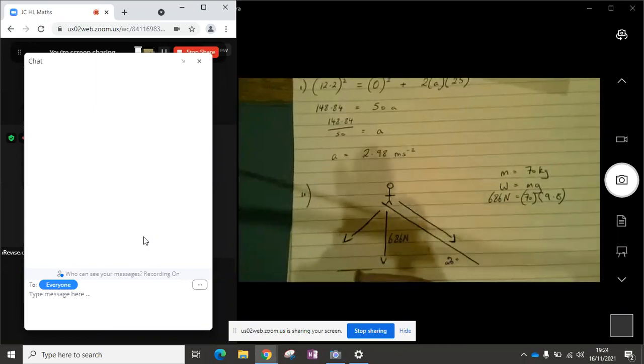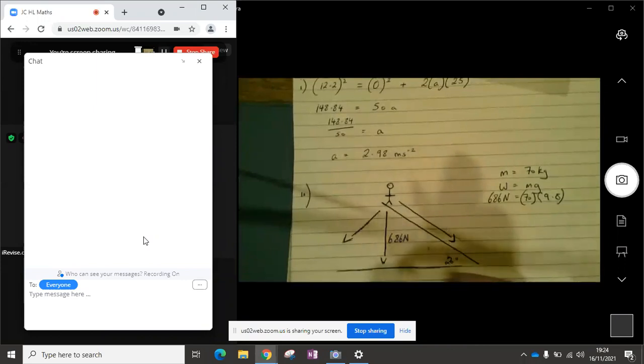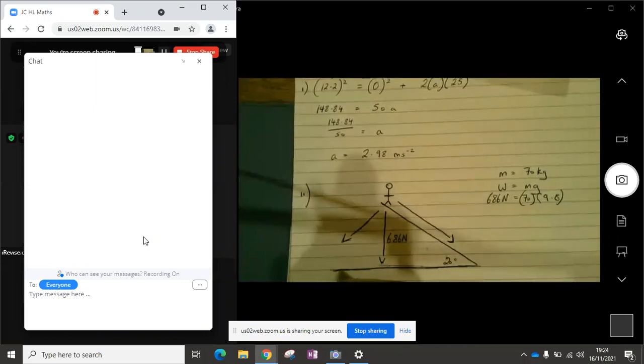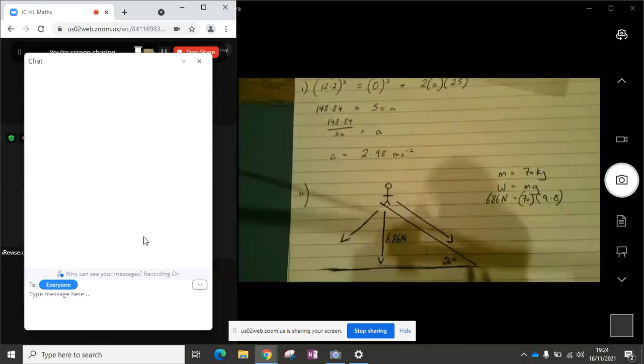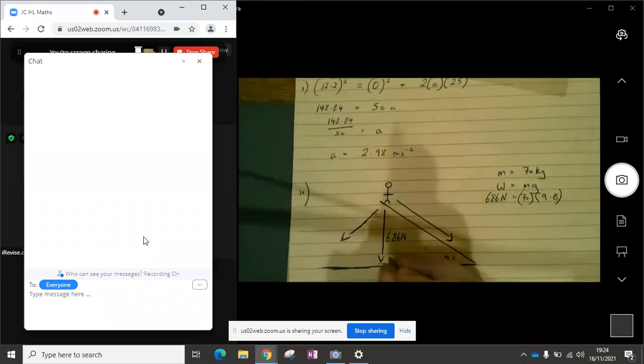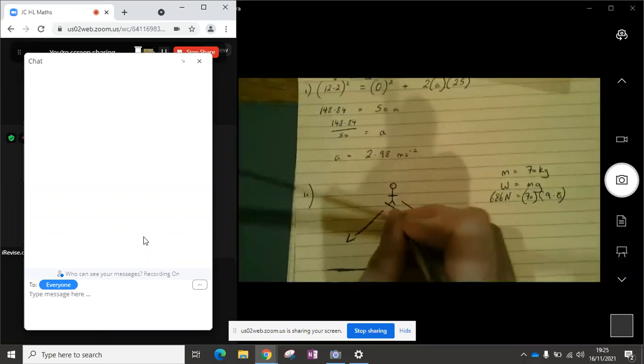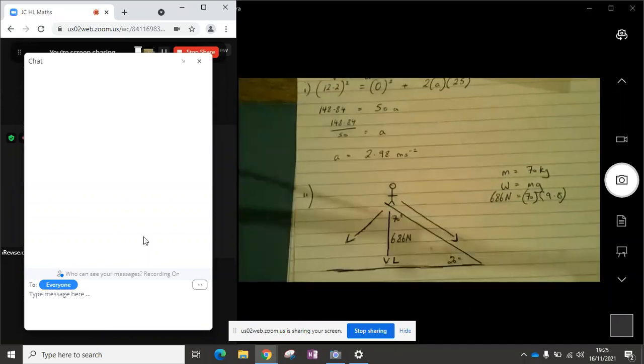Now, if we make this into a triangle, so now if this is 20 and this is 90 degrees, that means 20 and 90 is 110. This would have to be 70 degrees, okay?